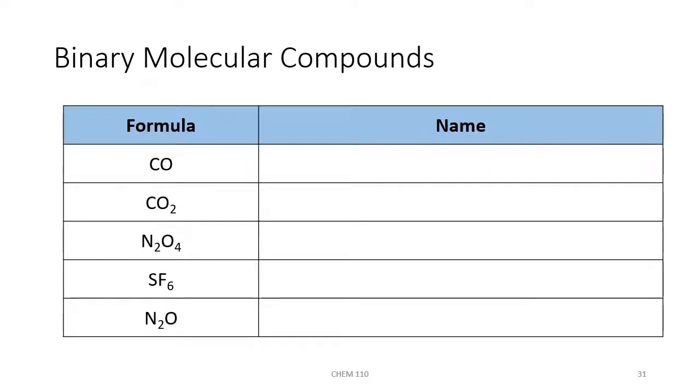Okay, so let's try some examples of naming molecular compounds. CO, there's an unwritten one after each of those, but we don't have to include the Greek prefix for the carbon because that comes first. So this would be named carbon, and then for the oxygen we'd say monoxide, changing the ending to IDE and adding the prefix mono.